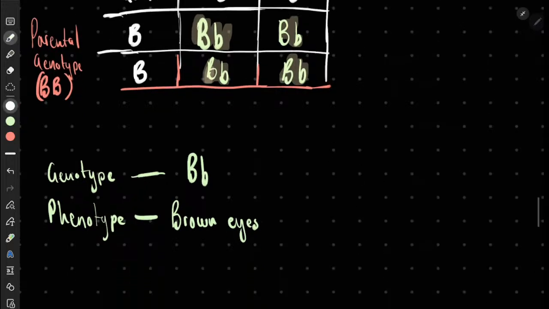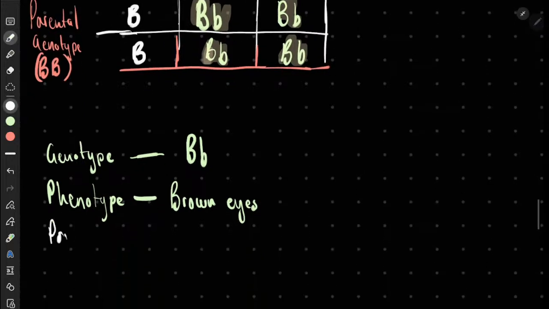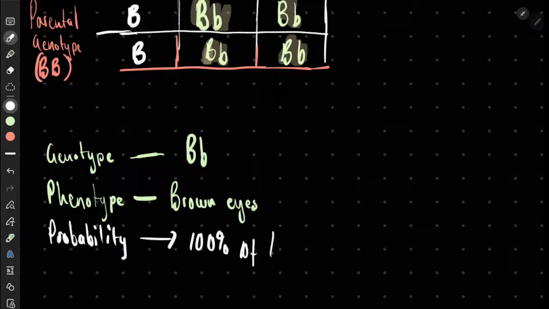And what should you say about the probability? You can say that 100% of the offspring are heterozygous.